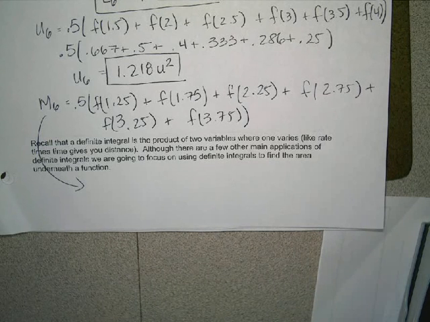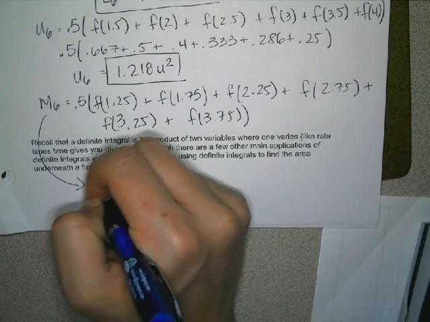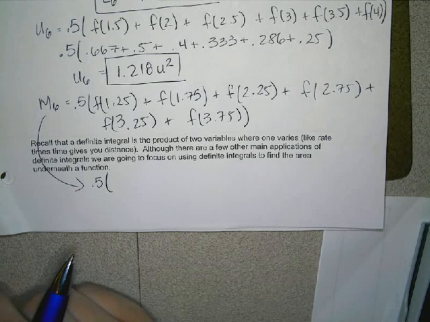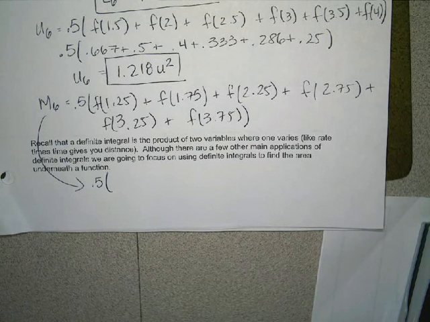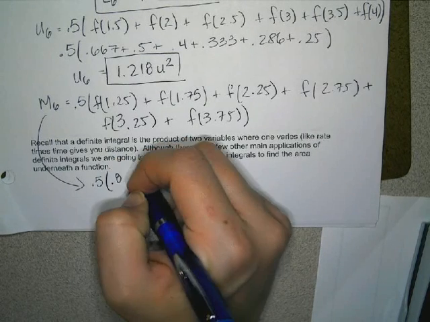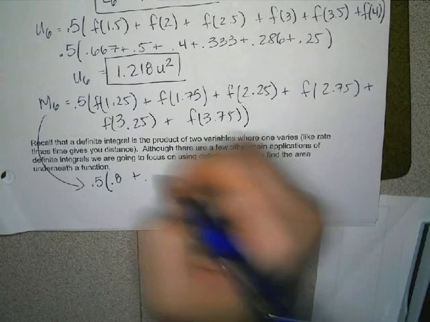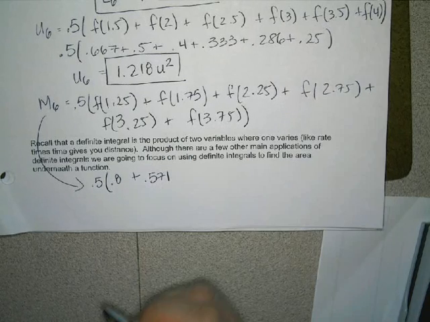Okay, do we have any answers quite yet? For f of 1.25, 0.8. And then the next one should be 0.571.